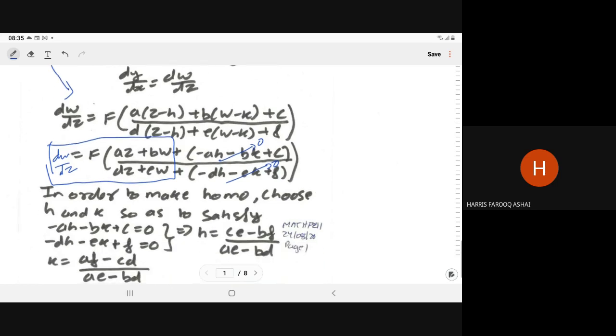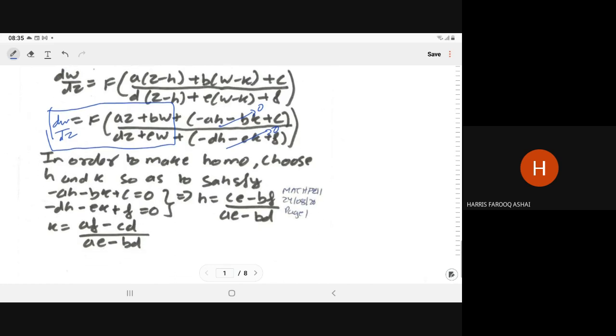So in order to make the homogeneous equation, choose h and k so as to satisfy minus ah minus bk plus c is equal to 0, minus dh minus ek plus f is equal to 0. So from here you will get h as ce minus bf upon ae minus bd, and k is equal to af minus cd upon ae minus bd.